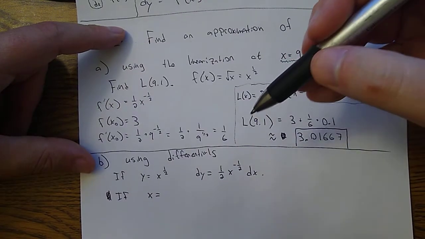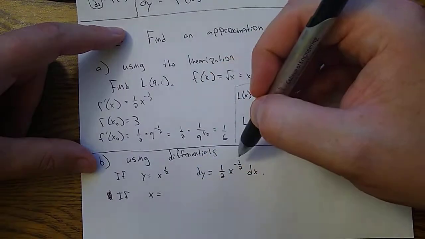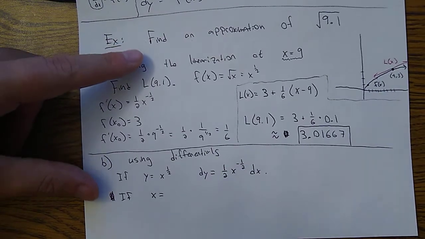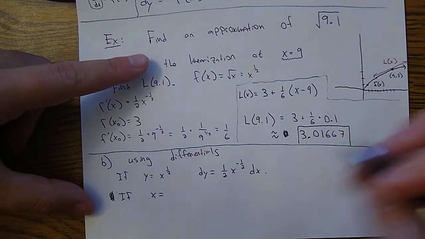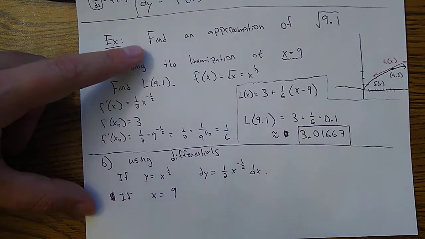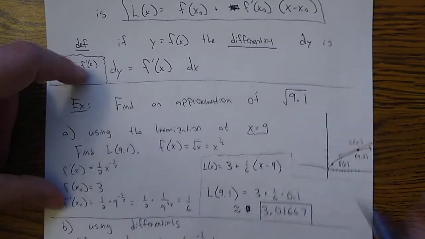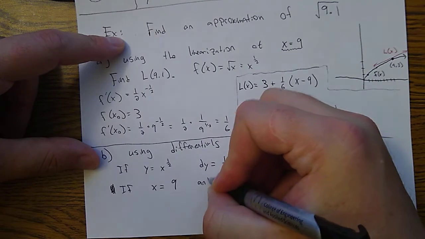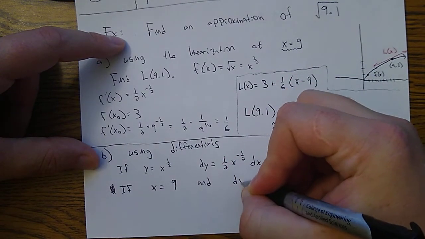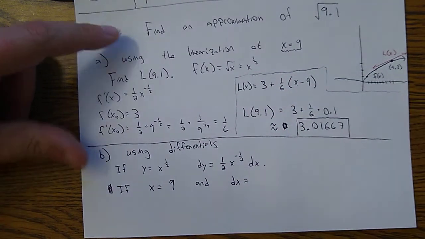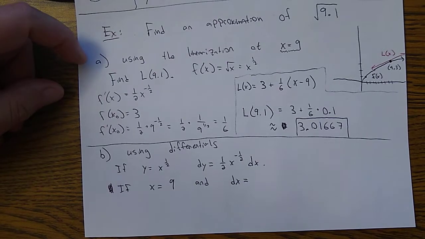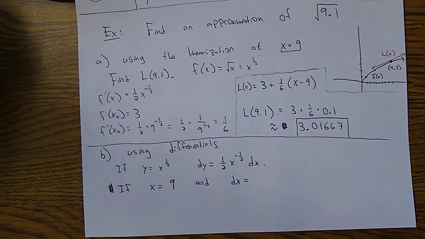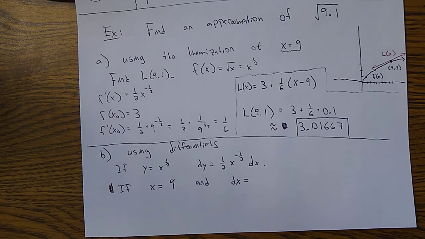Now I'm going to consider a particular value of x. The value of x I'm going to consider is 9. It's the same as this one. Now I'm going to choose dx. What dx represents is a small change in x.